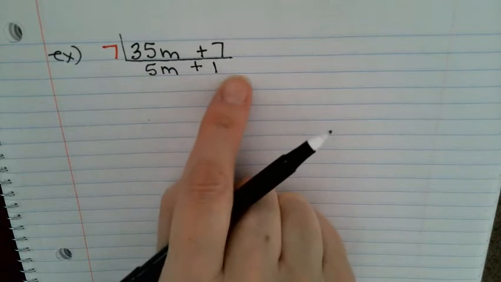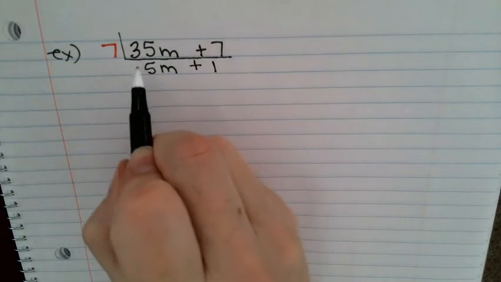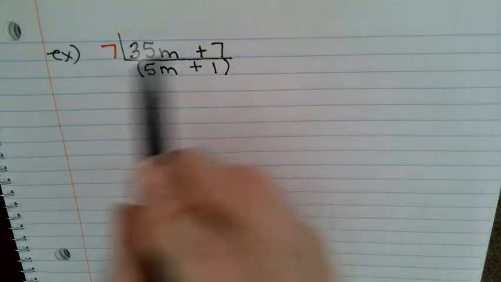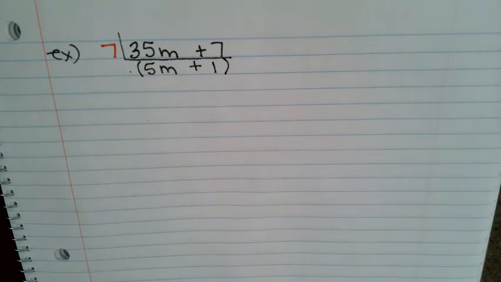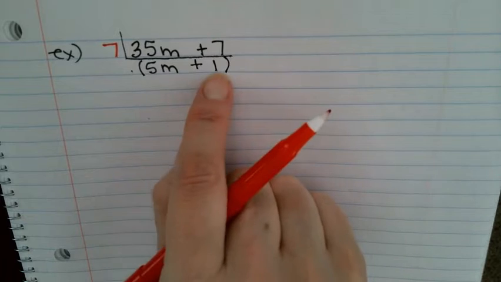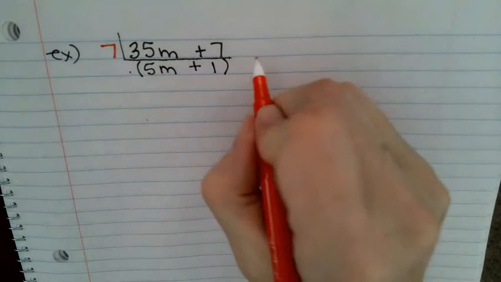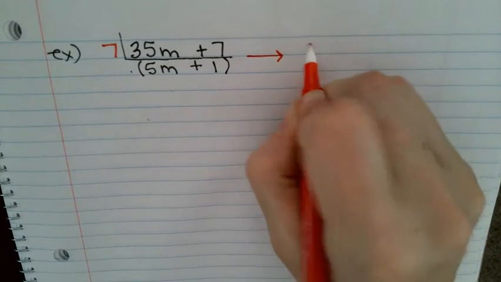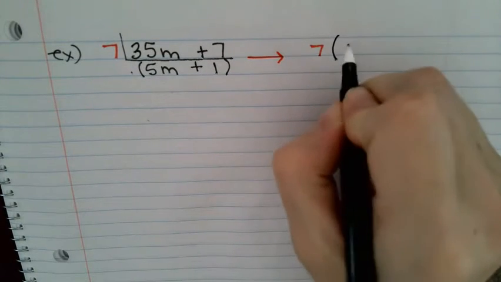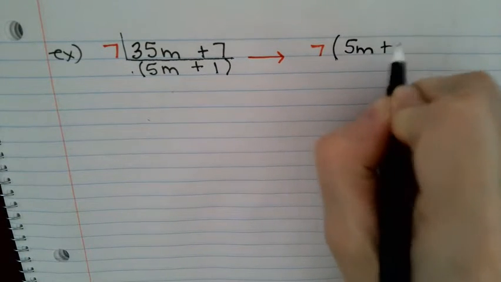So 5 and 1 are mutually prime, so I can put these in parentheses and say, yep, I have this factored. All I'm going to do is drop this 7 down in front of it because I have 7 groups of 5m plus 1.